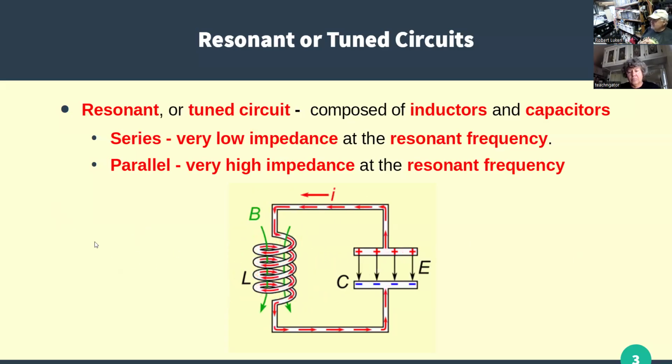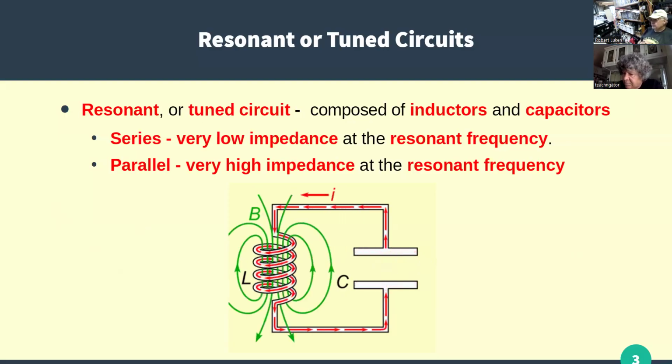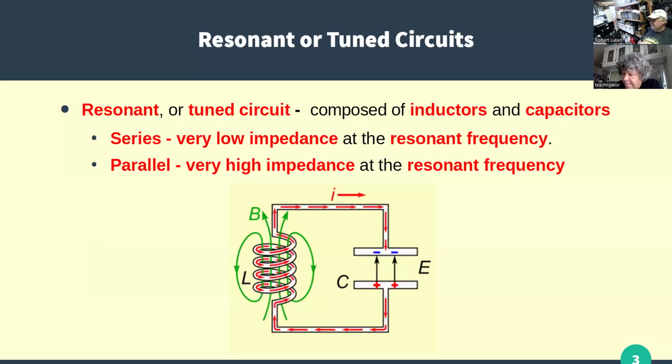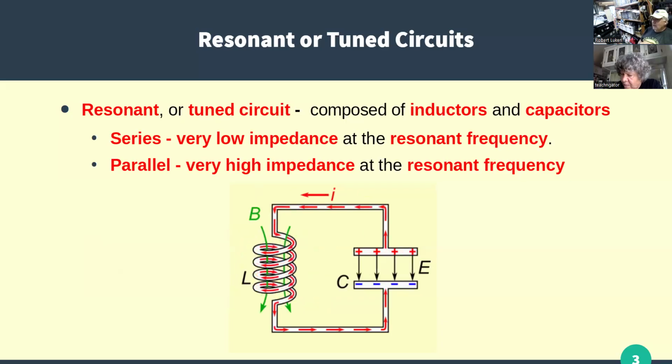If it's a series resonant circuit, it means that we'll have a very low impedance at the resonant frequency. It'll essentially be equal to whatever the resistance value is. If it's a parallel circuit, it's going to be a very high impedance at the resonant frequency.